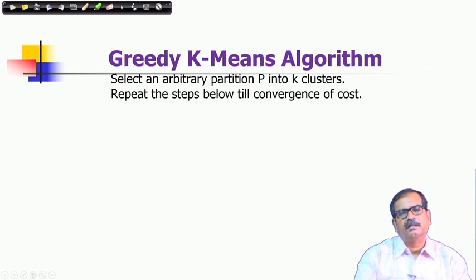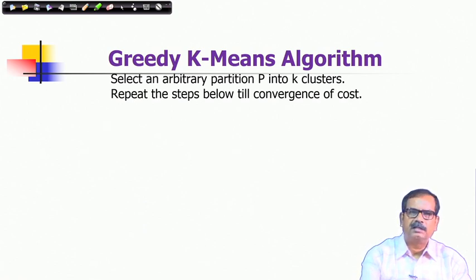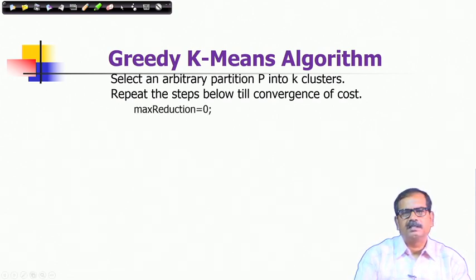So, we can describe these computations in algorithmic steps. You select an arbitrary partition P into K clusters, like in the K-means clustering algorithm, and you repeat the steps till convergence of the cost. Let us keep track of the reduction at each step.